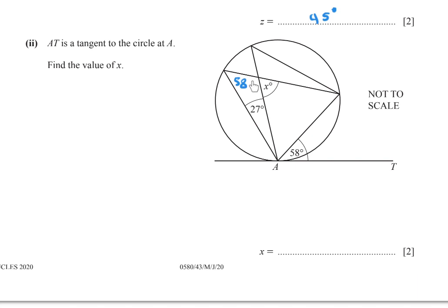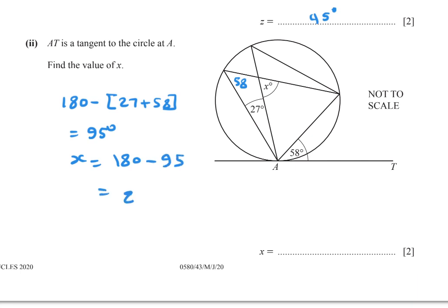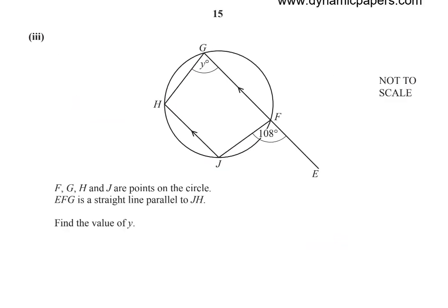Now we can find the third angle, that one. 180 minus 27 plus 58 equals 95. Now if this angle is 95, you can find X. So X equals 180 minus 95 equals 85. So X equals 85 degrees.